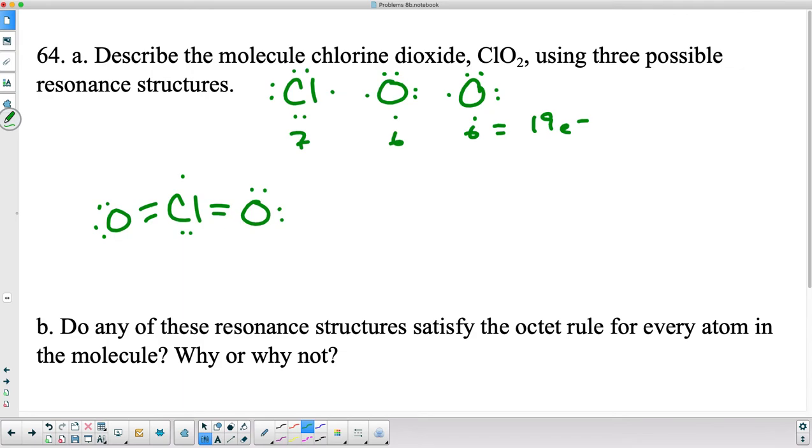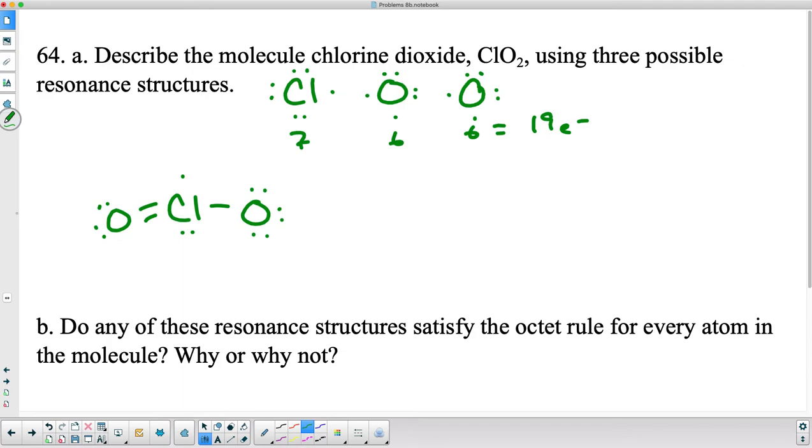There are other things we can do. Instead of 2 double bonds for chlorine, we may go to a single bond and use what's called a coordinate covalent bond. Coordinate covalent means that chlorine is giving both electrons to the bond with oxygen.